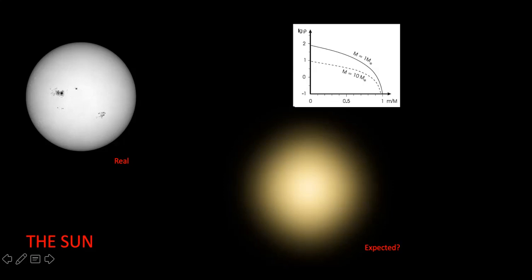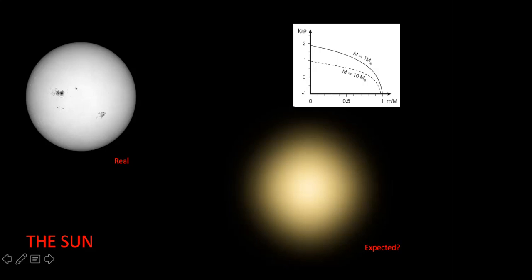So you should see a very blurred star, because there is no sharp edge, no sharp surface where you say outside you have no star and inside you have the star. The density does not decrease suddenly to zero so that you can identify a limit surface. No, the density is a continuous function, so you should see a continuously increasing edge.